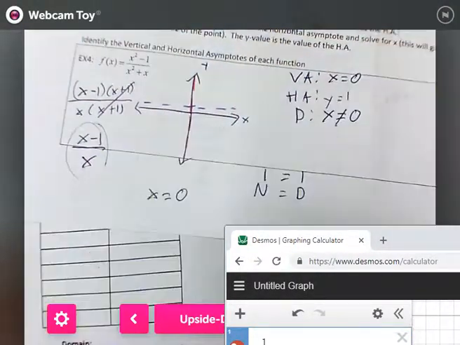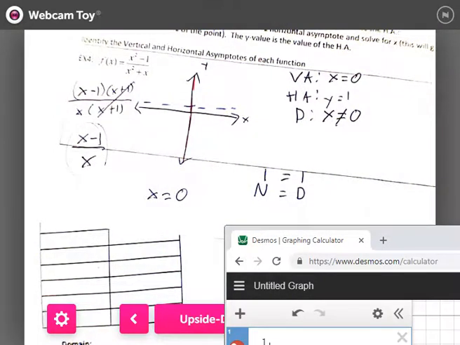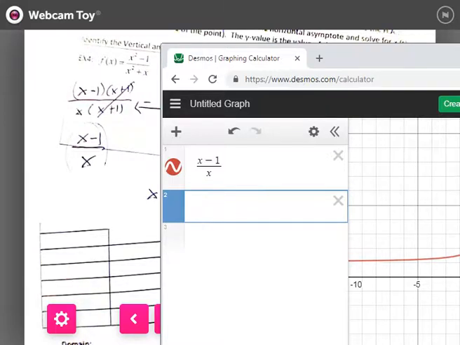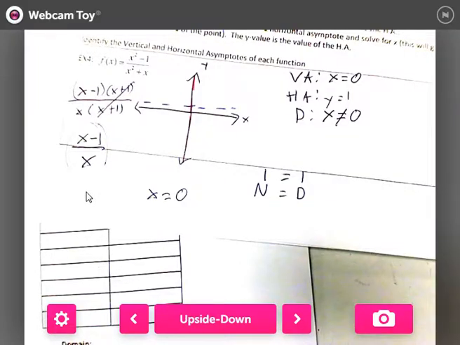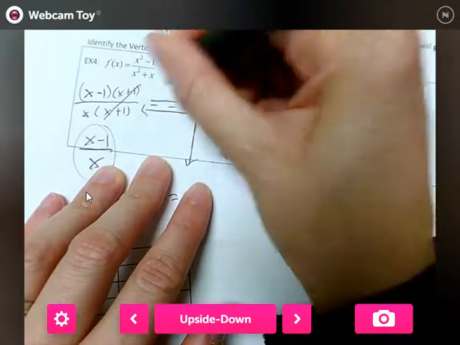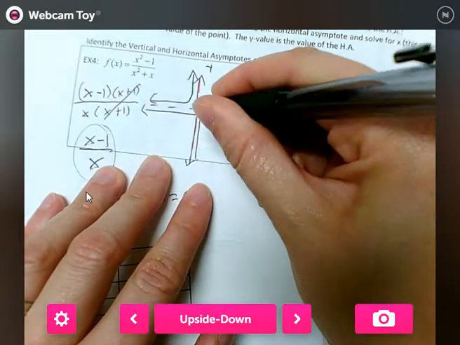But I want to make sure, so I bring out my Desmos, and I'm going to plug in the top to be x minus 1, and the bottom to just be x. And I'm going to hit graph it. Does that look right to you? Okay, so I'm going to go real close to those horizontal and vertical asymptotes, and I'm going to put it right here. It's just a sketch, so it does not have to be exact.